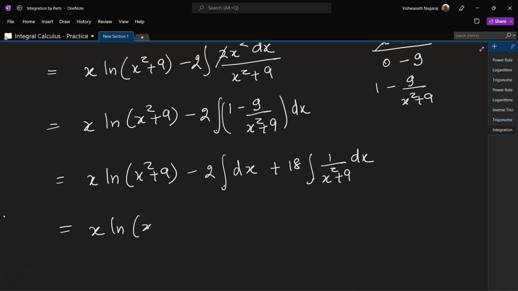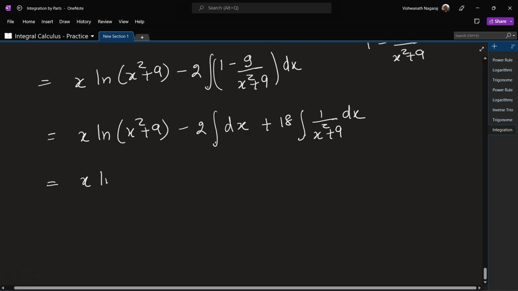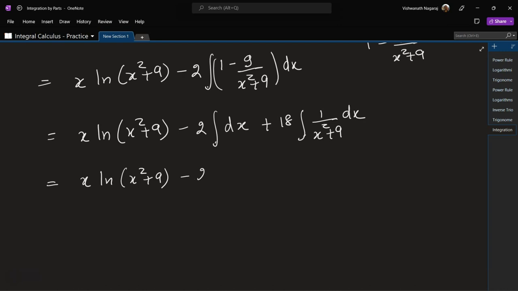So x natural log of x square plus 9 minus 2x plus 18. And here what we are going to do is take out 9. So if we take out 9, what do we get? 1 by x square by 9 plus 9 by 9 dx.